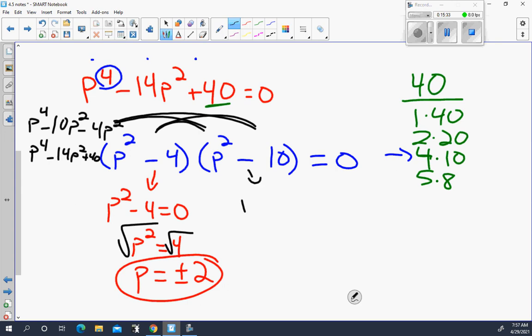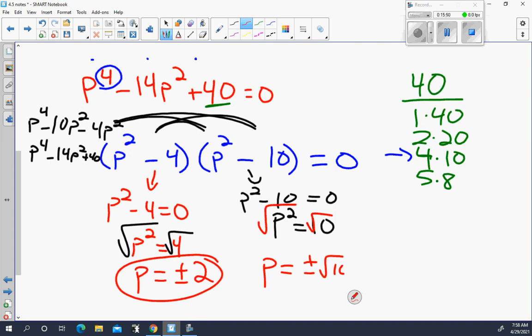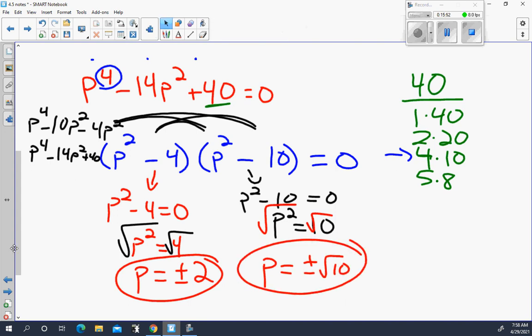Over here, p squared minus 10 is equal to 0. p squared equals 10. So take the square root of both sides. I know that p is equal to positive or negative square root 10. If you can't take the perfect square root, just leave it in that square root form.